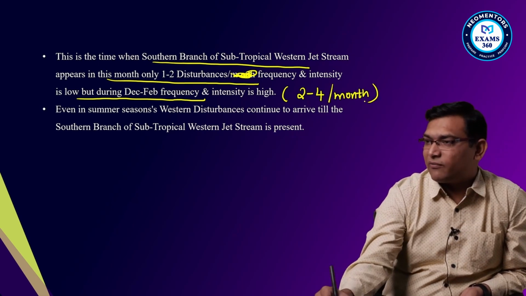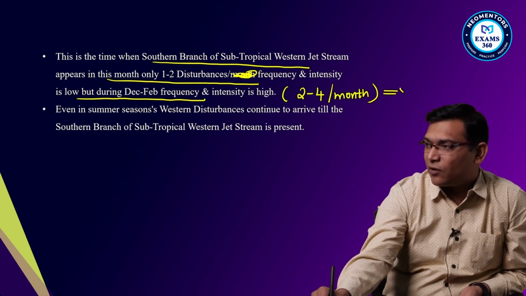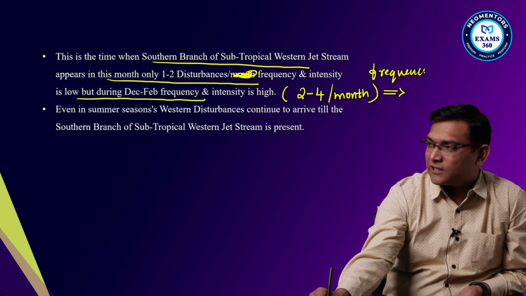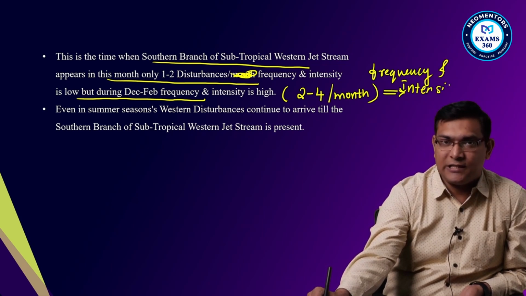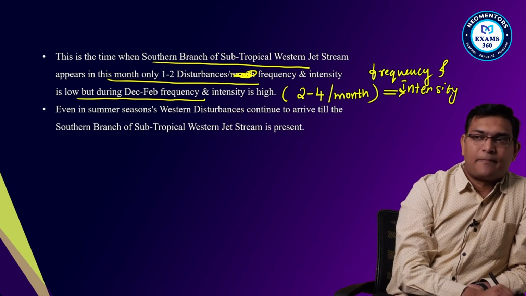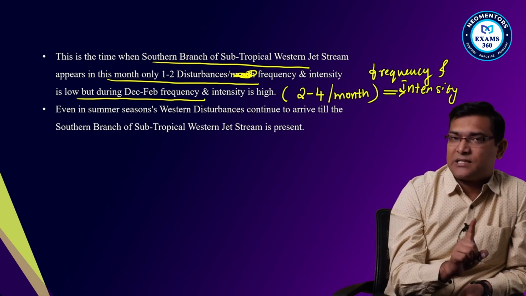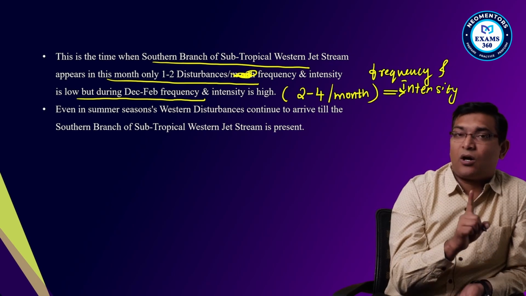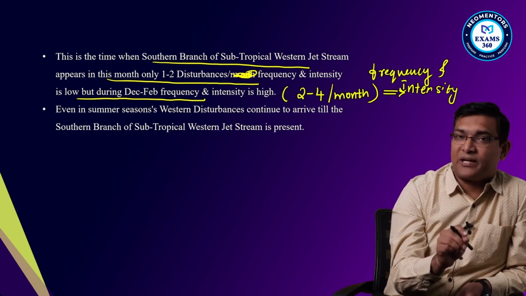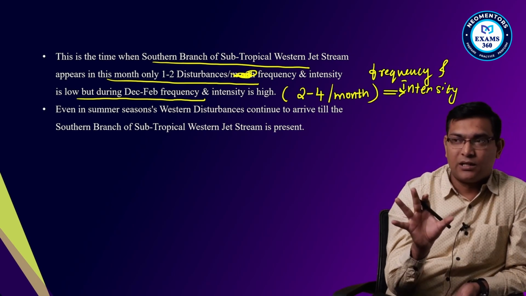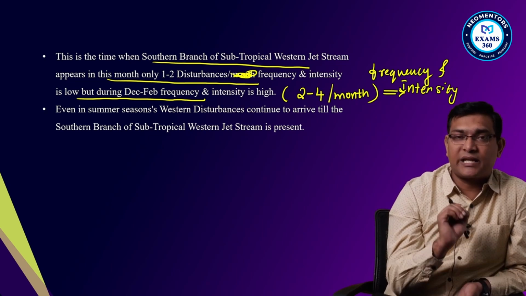So because of this, what will happen? The frequency and intensity of the rainfall increase. Clear? And even in the month of May, unless the southern branch of the subtropical jet stream disappears, disturbances will be created in India.